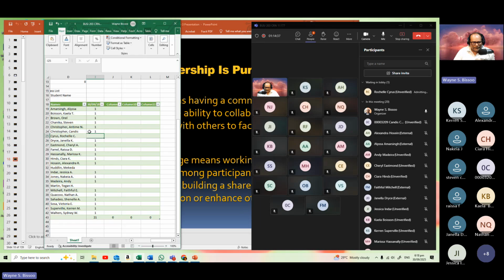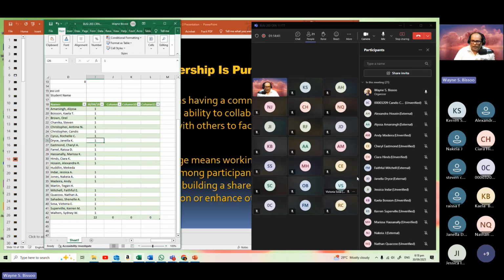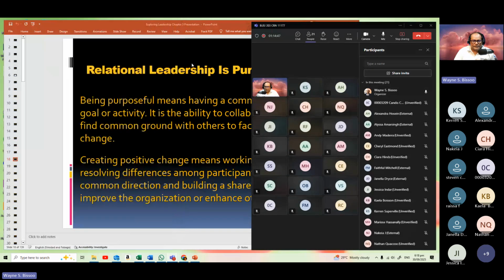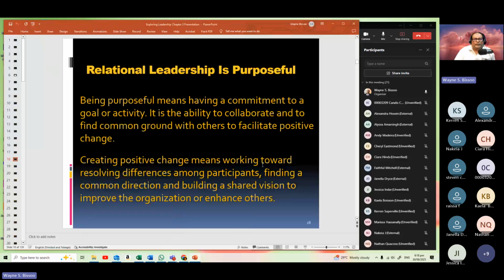It's important that we have a situation where the individuals are coming together for a purpose that is seen to be noble in nature. So that's the function of purpose.